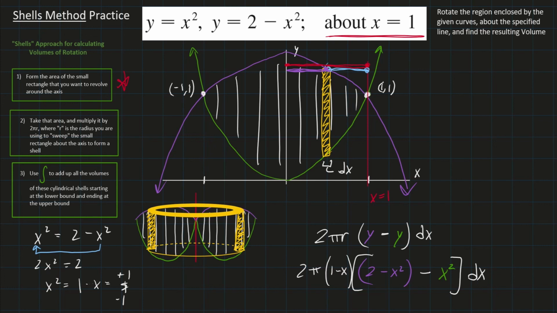And let's just try that equation one more time for a separate rectangle just to make sure we're getting it. Maybe this rectangle right here. I would swing that rectangle around using this much larger radius. Let's see if our equation holds. So I'm going to take 1, which is going to be this distance right here, and subtract off the x coordinate. Alright, well, our x coordinate of this rectangle is this purple line right here.